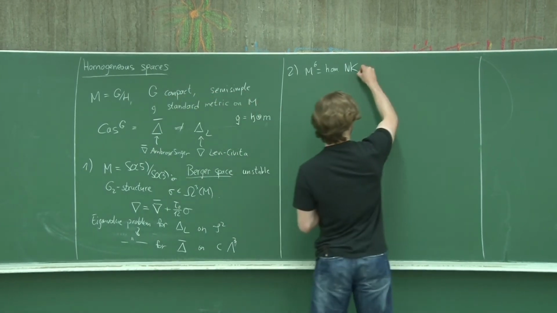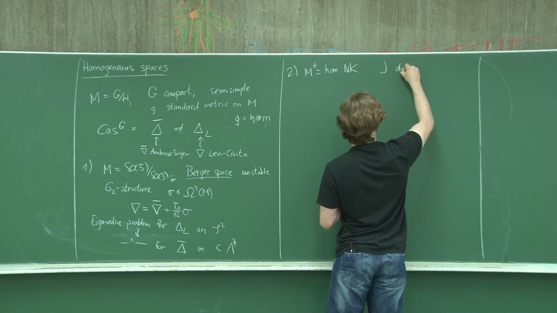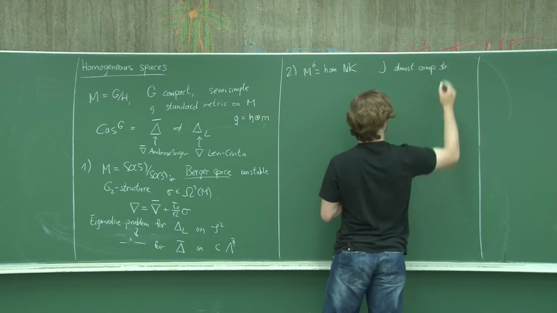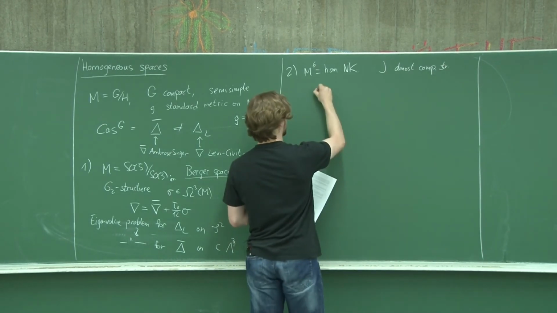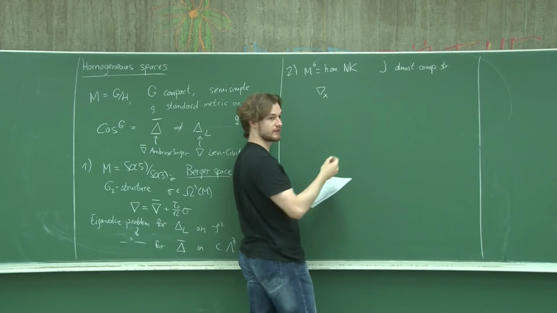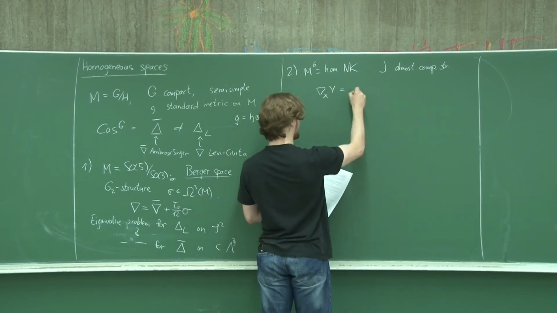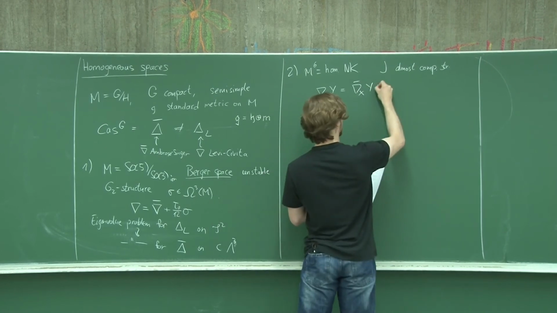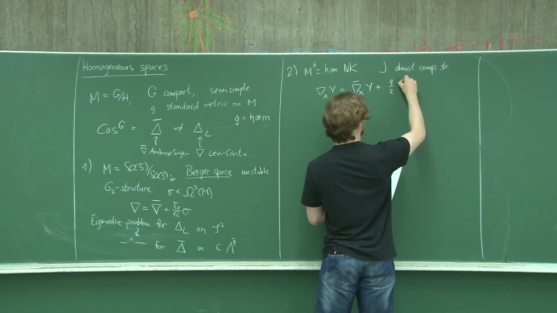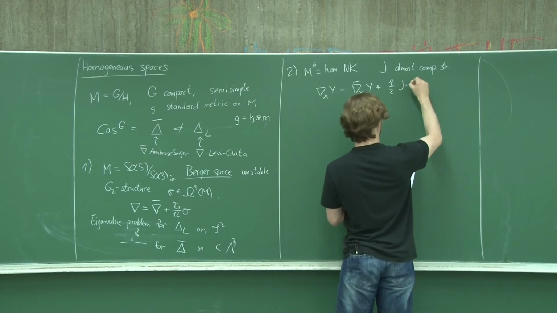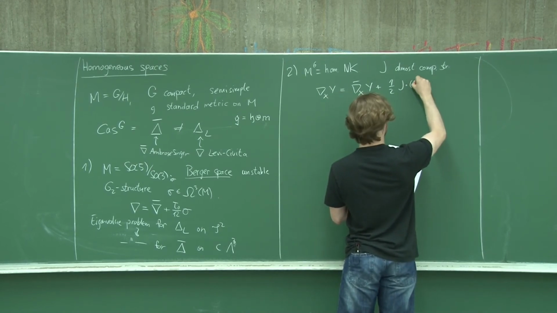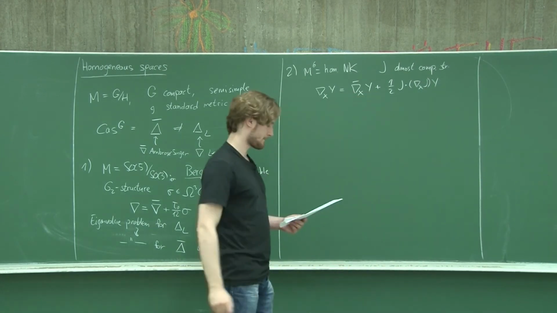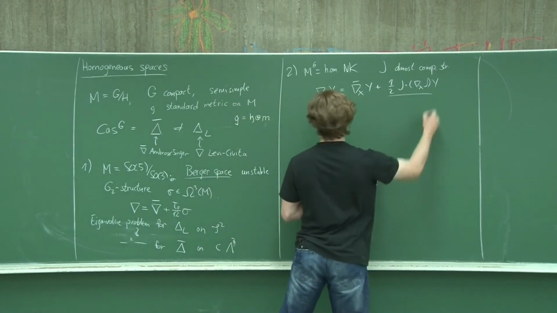Say J is our almost complex structure on M. Then we can express the difference between the two connections as follows. Nabla_X Y equals nabla bar_X Y plus 1/2 J composed with (nabla_X J) acting on Y. So this here is the relevant difference term.